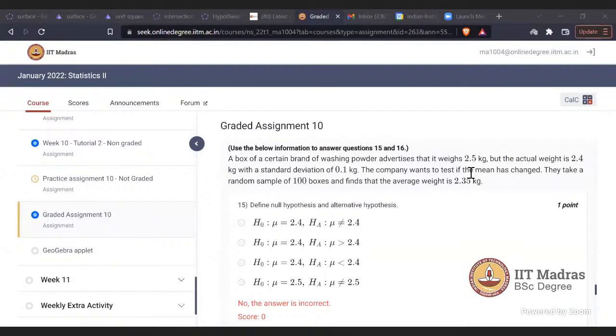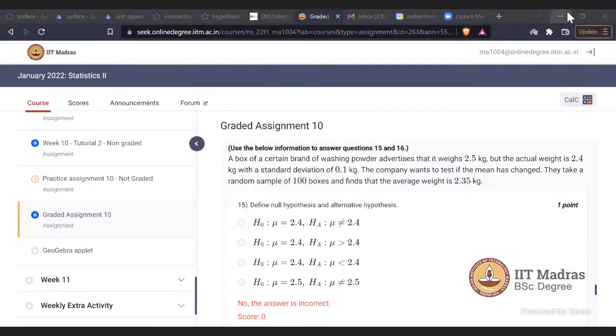Yeah, so the null hypothesis is generally what we assume to be true, right? So this 2.5 kg, the company advertises, but what is the actual weight that is given? It is 2.4.